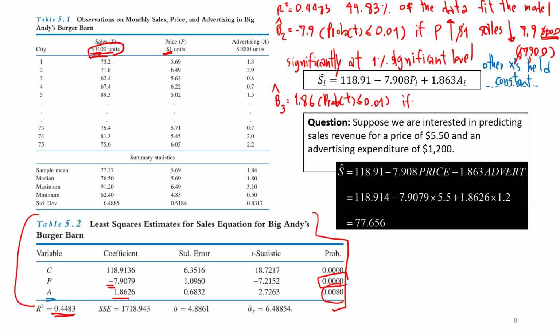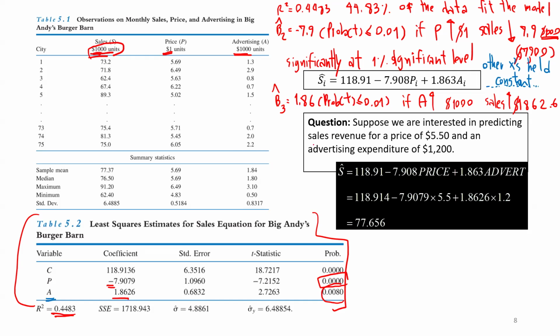It means if advertisement increases by 1,000, then sale will increase by 1.86 in terms of thousand dollars.